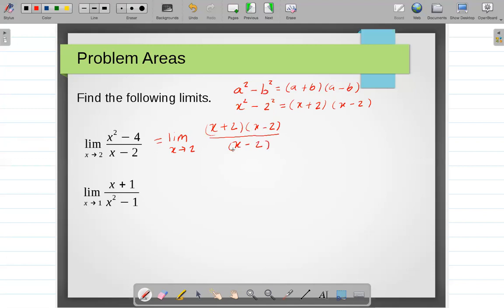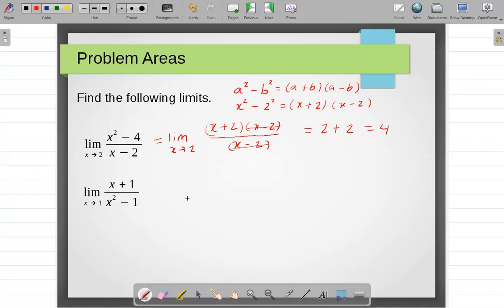I have x minus 2 and x minus 2, so I can cancel these two. That means I just have x plus 2 right now. If x goes to 2, then this whole thing approaches 2 plus 2, which is 4.